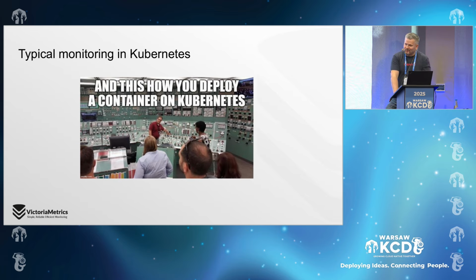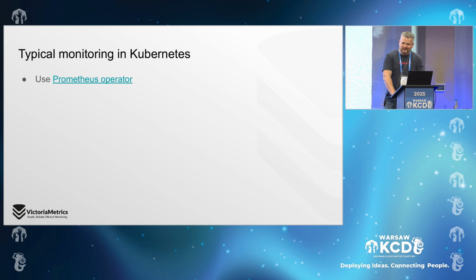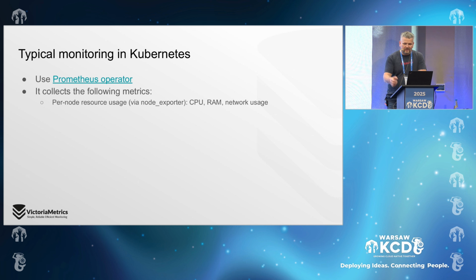What is the typical Kubernetes monitoring at the moment? I think that the majority of you use Prometheus operator for observability in Kubernetes. What does this Prometheus operator do? It collects various metrics from different services. For example, it collects per-node resource usage metrics for CPU, memory, disk I/O, network usage, and so on.